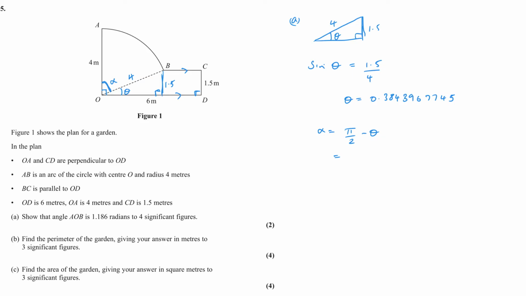So we've got pi by 2 minus the theta, and we get 1.186399552, or 1.186 to 4 significant figures.